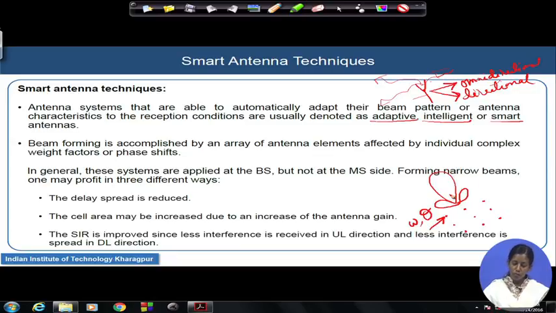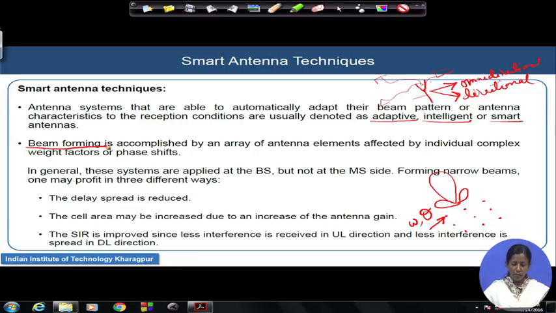So, when I say you are changing the beam pattern, you are basically changing the weight vectors and the phase values of this antenna array to give a typical shape to this beam, and even changing the direction of this beam. The whole process of changing the beam pattern as well as the direction of the beams is called beam forming.